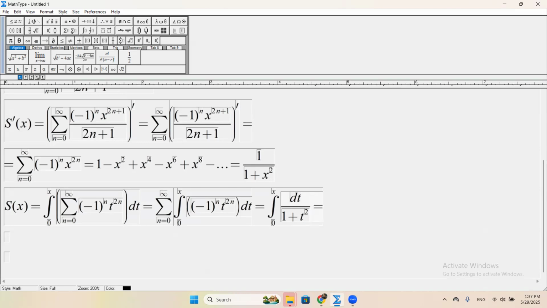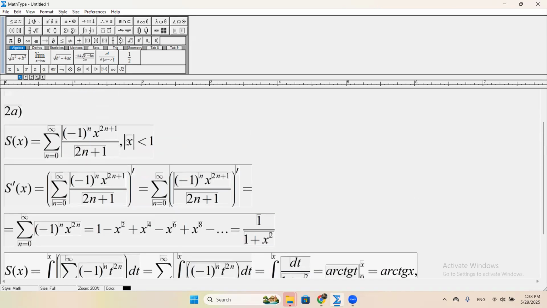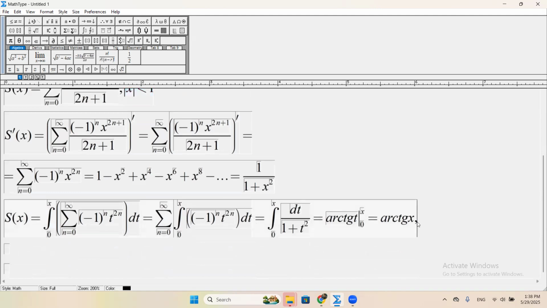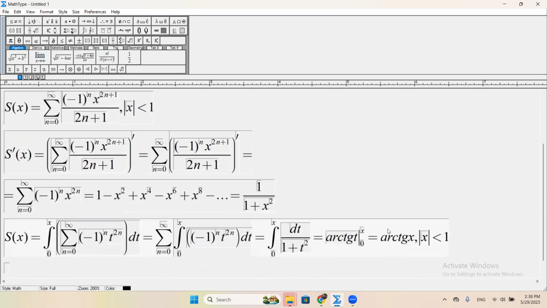It will be equal to arctangent of t with the substitutions from 0 to x, and it equals arctangent of x. So actually this is the sum, and we also must write down that modulo of x is less than 1. Any questions about this exercise?